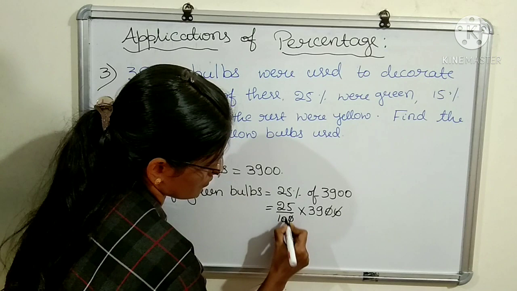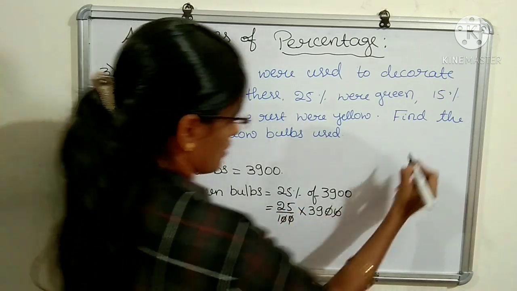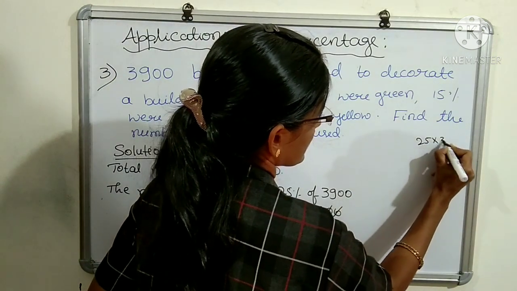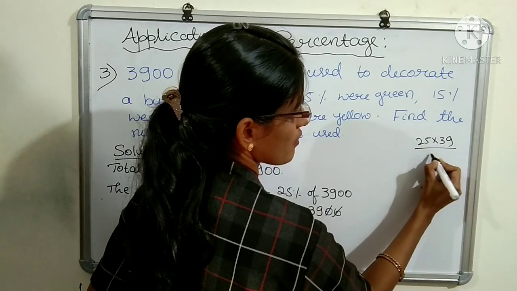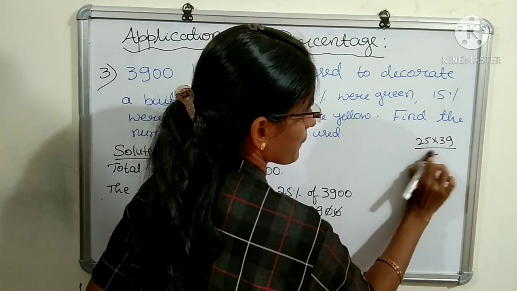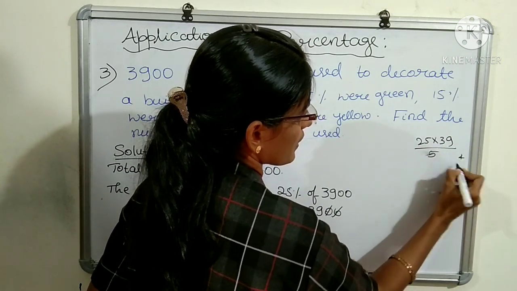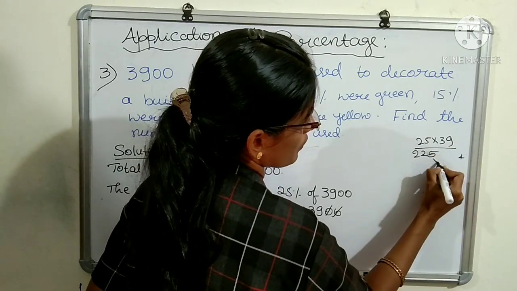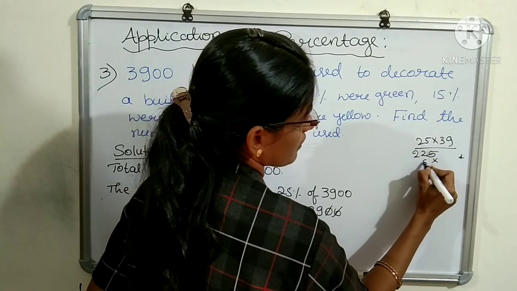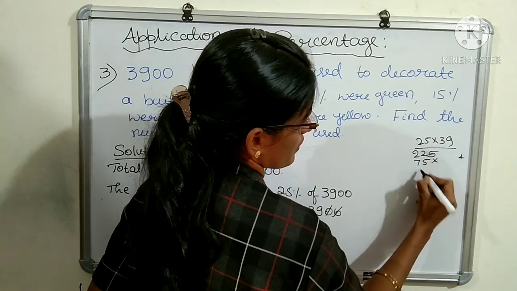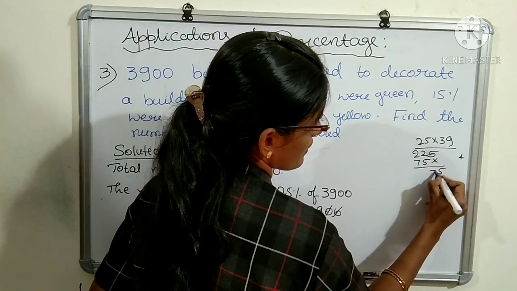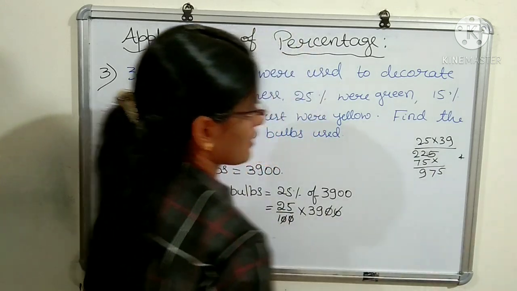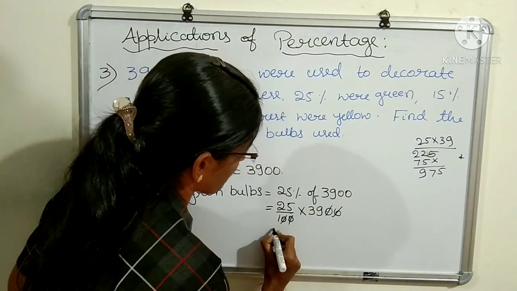Zeros cancel. 25 into 39. Here 9 5s are 45, 4 remaining. 9 2s are 18 plus 4, 22. 5 3s are 15, 3 2s are 6 plus 1, 7. 5 7 here 9, 975.